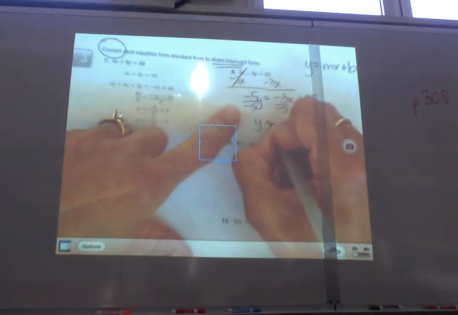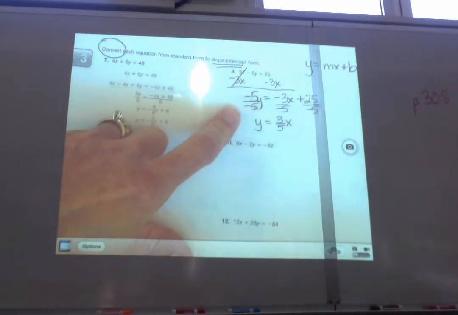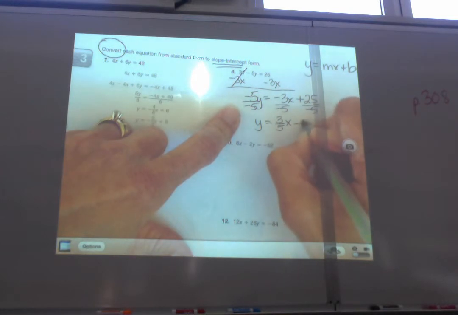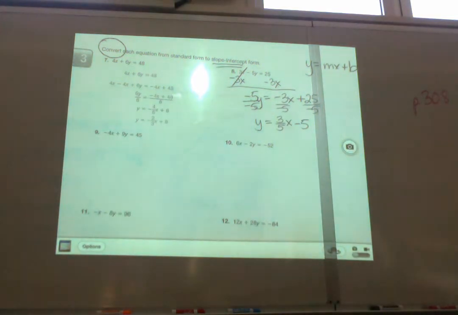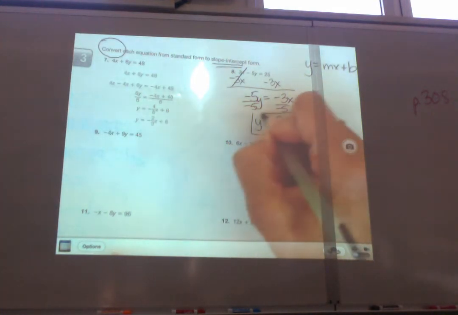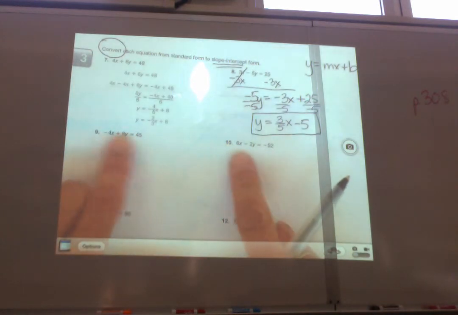Y equals, nothing can reduce here, gentlemen. But the 3 and the 5 both had negatives. 2 negatives cancel out when we're dividing or timesing. What's 25 divided by minus 5? Negative 5. Negative 5. Okay, so this is slope-intercept form, or y equals form. This is standard form.